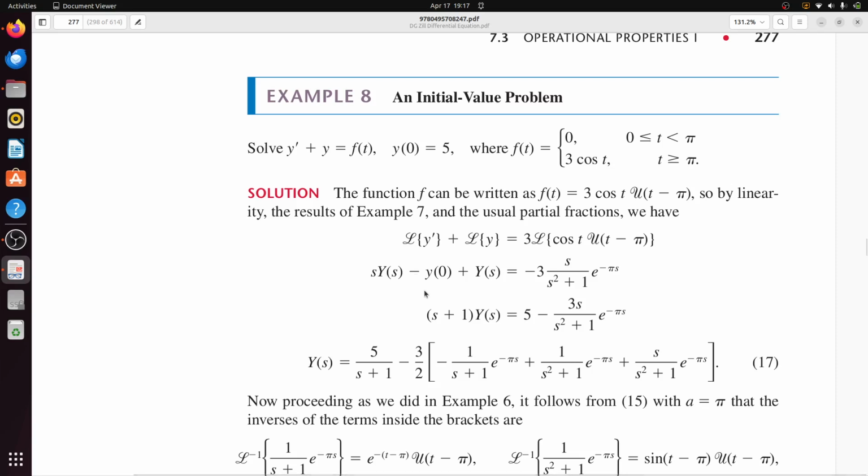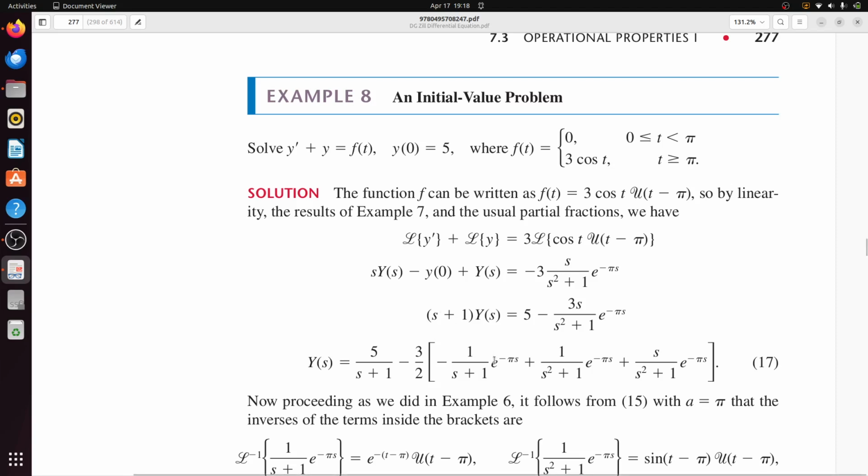So this becomes the Laplace transformation of y, and this becomes 5 by s plus 1, minus 3 by 2, minus 1 by s plus 1, e to the power minus pi s, plus 1 by s square plus 1, e to the power minus pi s, and plus s by s square plus 1, e to the power minus pi s.